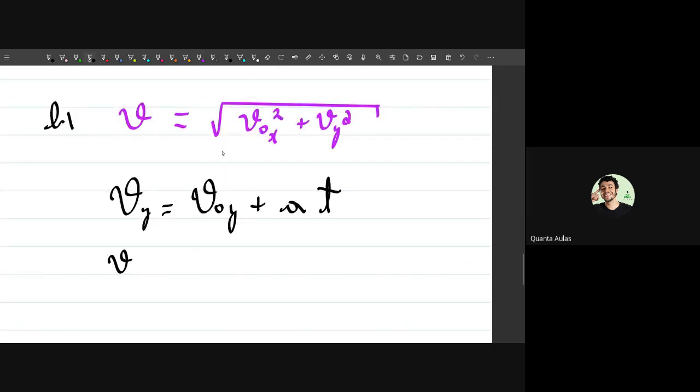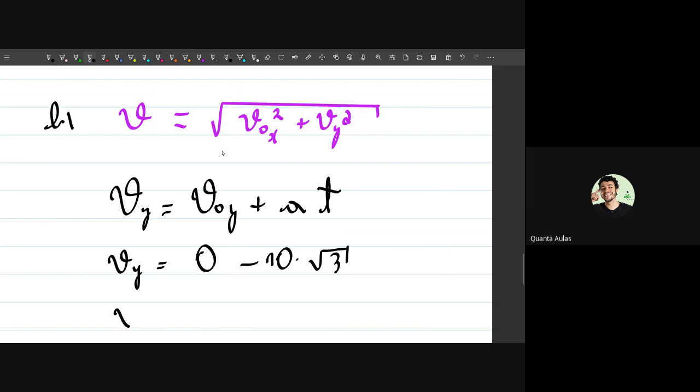We want vy, v0y is 0, the initial velocity in y is 0. And here we have the gravitational acceleration, and the time is square root of 3.